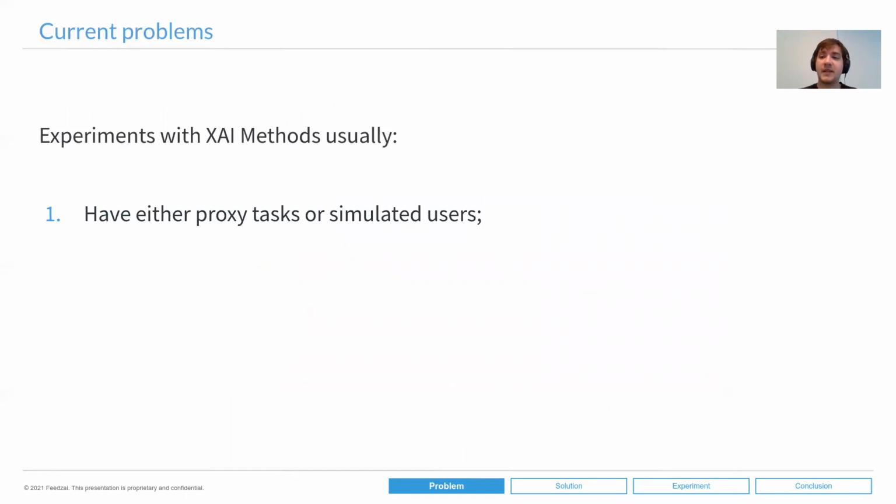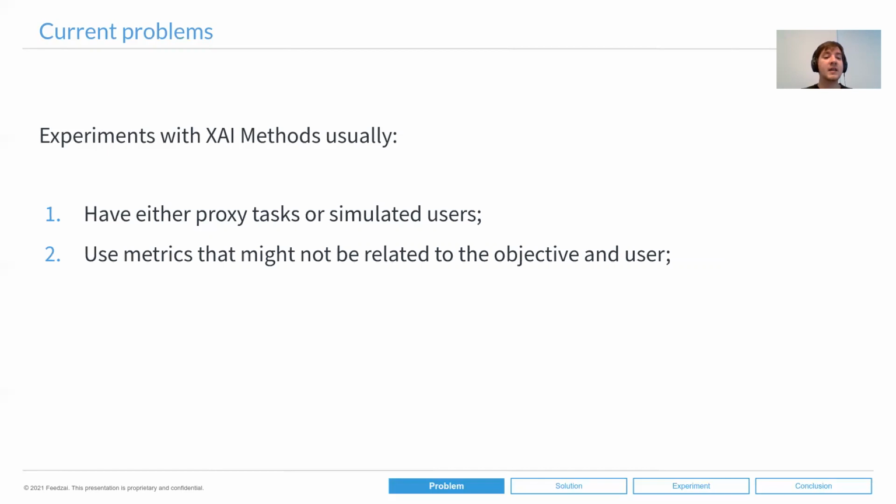So recapping, basically, the problem of this work is that the evaluation of XAI methods is usually done on proxy tasks or simulated users, mainly the first two types of evaluations that we've seen on the previous slide.